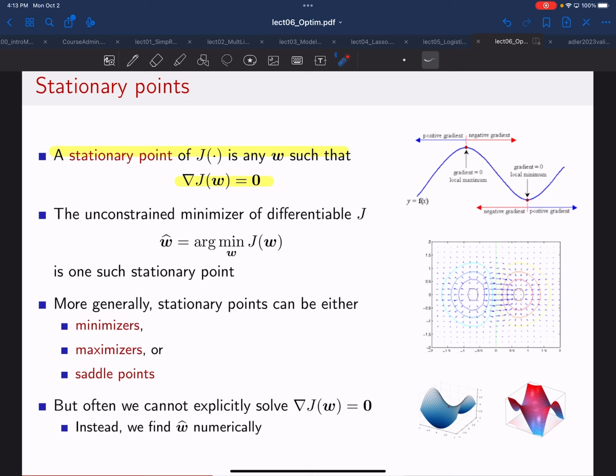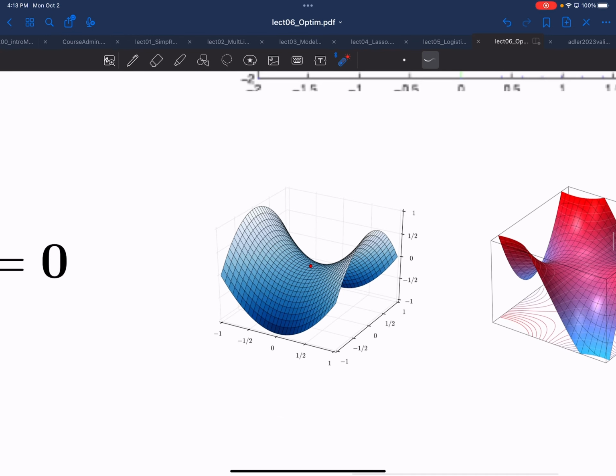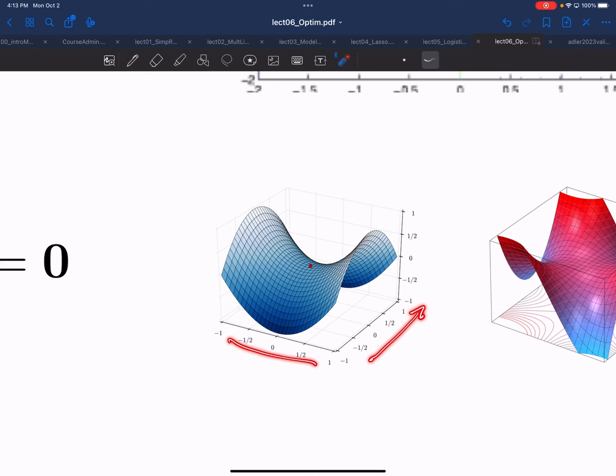But there's actually another case that can happen. We can have what are called saddle points. Here's an example of a saddle point in 2 dimensions. So we're trying to optimize those parameters, and this is the function. At this point right here, the gradient also goes to 0. In this direction, the slope is 0, and in this direction, the slope is 0.